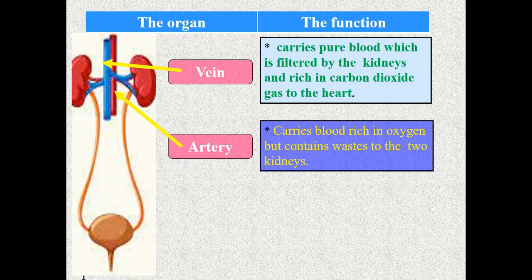Because it carries pure blood, which is filtered by the kidney and rich in carbon dioxide gas, to the heart. While an artery will carry blood rich in oxygen but containing wastes to the two kidneys.